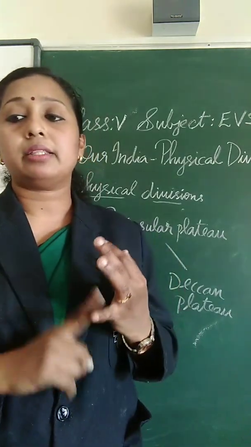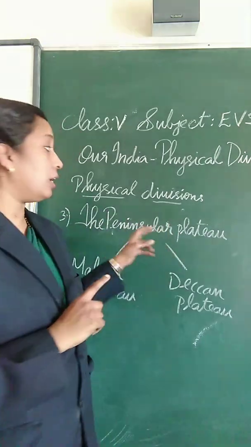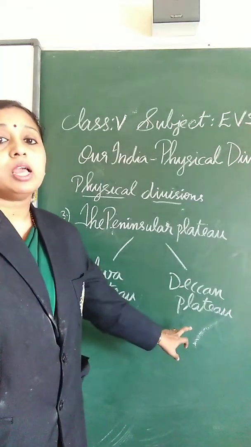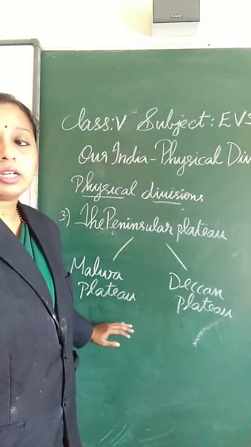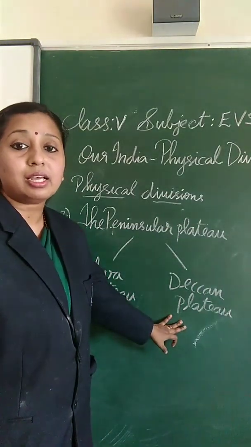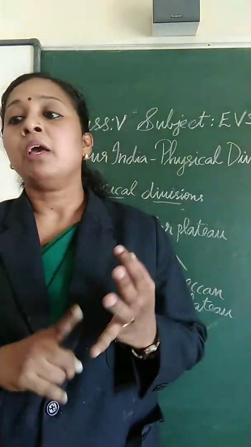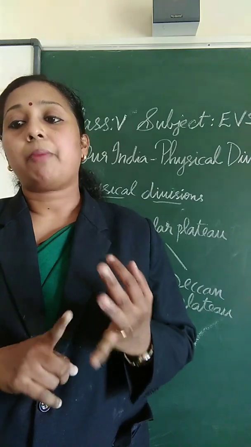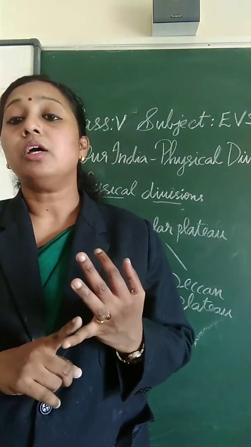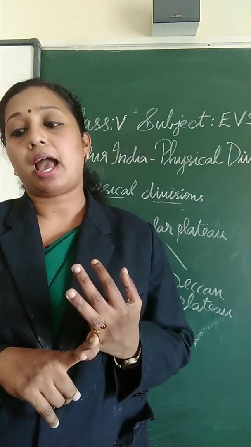So remember that the Narmada and the Son Rift Valley divide the peninsular plateau into two, that is the Malwa Plateau and the Deccan Plateau. The northern part is known as the Malwa Plateau and the southern part as the Deccan Plateau. The Aravalli Range lies to the northwest of the Malwa Plateau and the Vindhyas lie to the south, and Mount Guru Shikhar is the highest peak in the Aravalli.